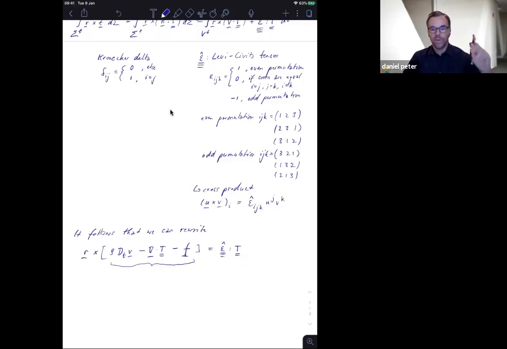It should ring a bell from last time when we looked at linear momentum. So that's basically conservation of linear momentum. So it's equal to 0. You can look it up in your notes from last time.